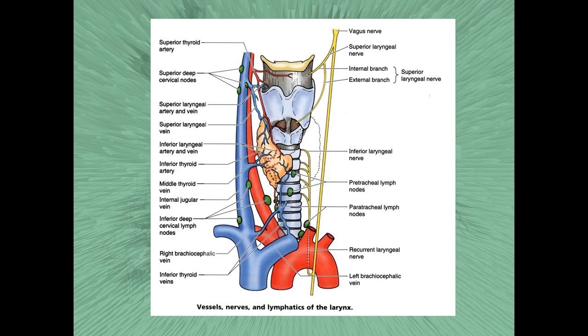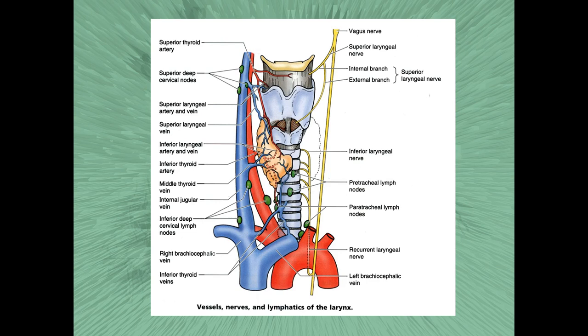So the thyroid gland, as you remember, is located in the neck region, and it has good blood supply from two main sources. The first one is from the system of the external carotid artery via the superior thyroid artery, and the second one is from the system of the subclavian artery through the thyrocervical trunk, which gives off the inferior thyroid artery.